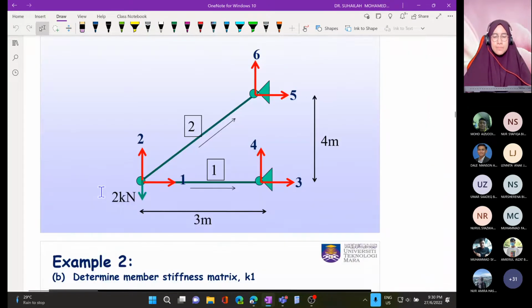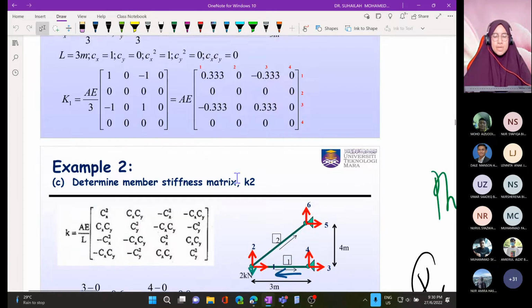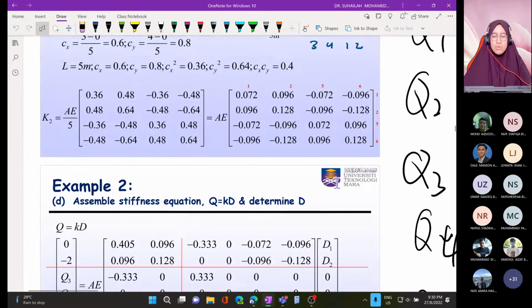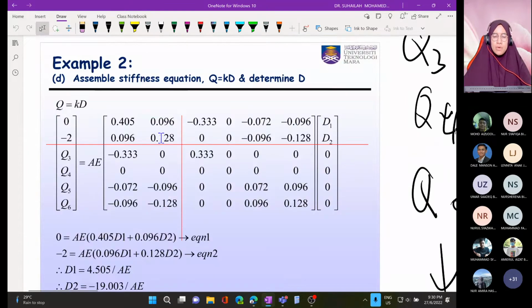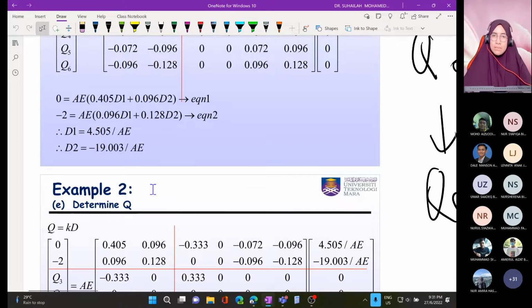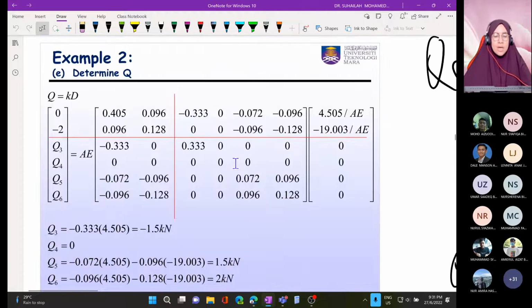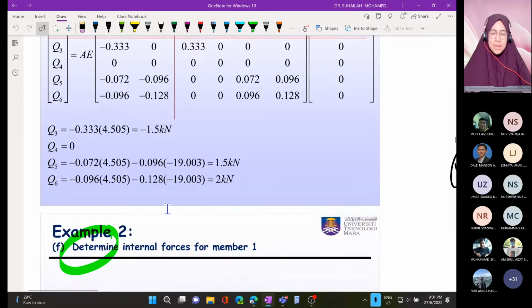Label, and then calculate for each element, and then this is K2, label, and then when we combine, we have it like this, and when we solve, we have two simultaneous equations. Then we solve, we get D1 and D2. If AE is given, then we can have D1 and D2 in unit meter. If not, in terms of AE doesn't matter, because whenever D1 and D2 are substituted back into the equation, we will get the reaction at the support.